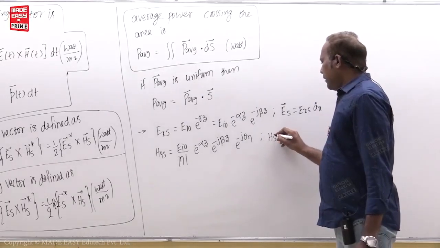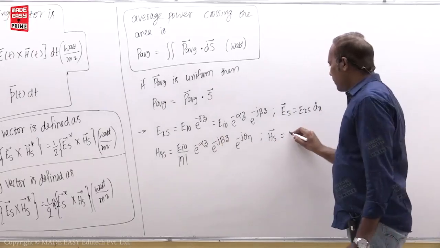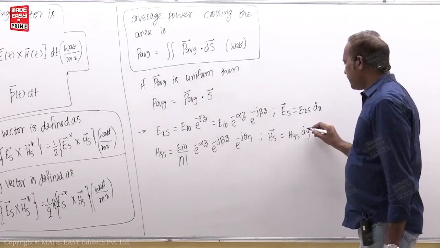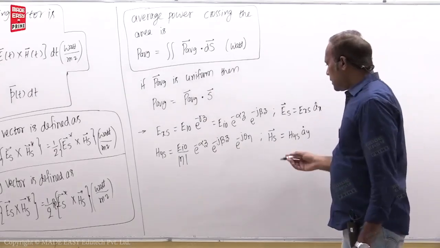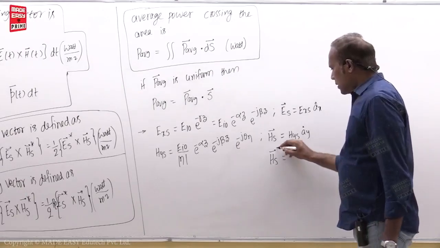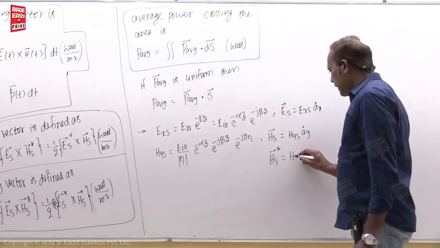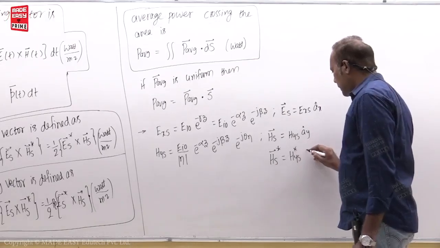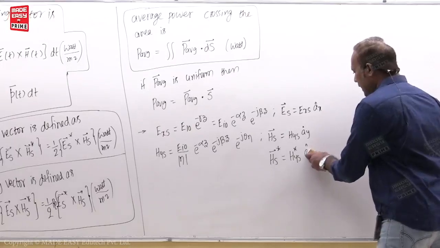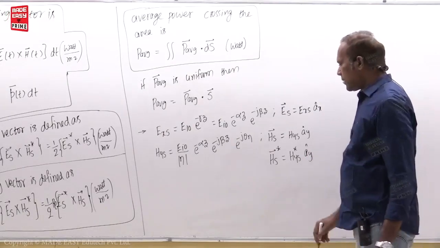Now the magnetic field phasor vector is equal to the magnetic field component, that is H_YS into a_y cap. Now what is H_S star? That means H_S star simply H_YS star you have to take, that is the complex conjugate of this one. We can't take the complex conjugate for the direction, it is meaningless. Okay.